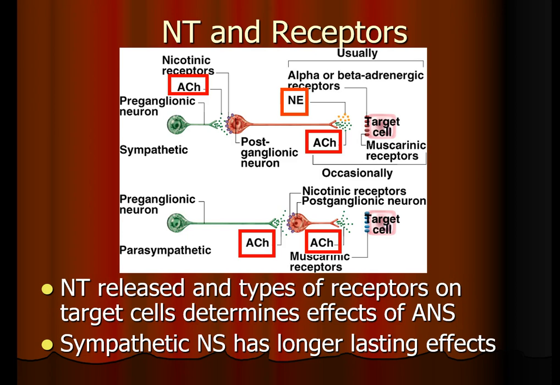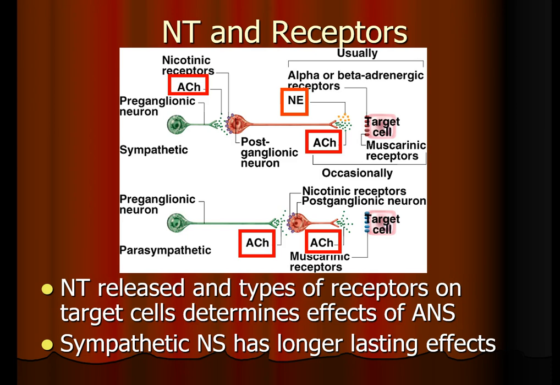Now, neurotransmitters, let's start here with the parasympathetic. We have two types of receptors with the parasympathetic: a nicotinic receptor and a muscarinic receptor. When acetylcholine binds with a nicotinic receptor, it's excitatory.